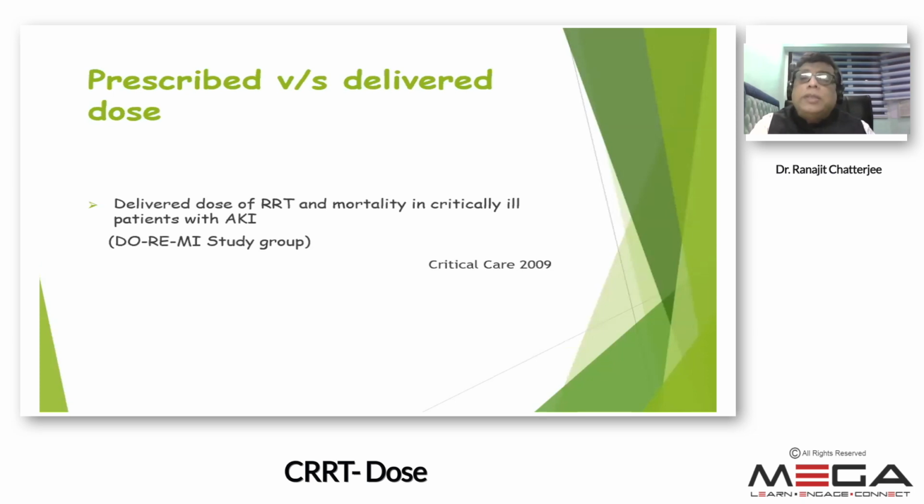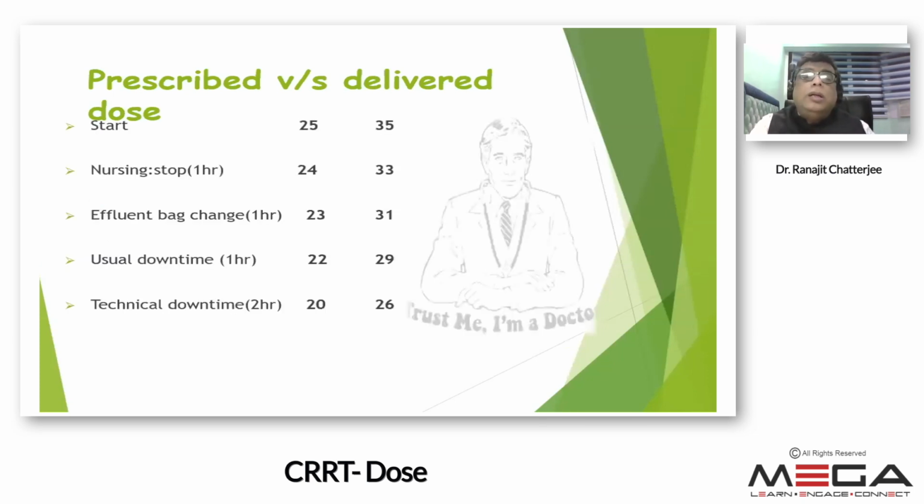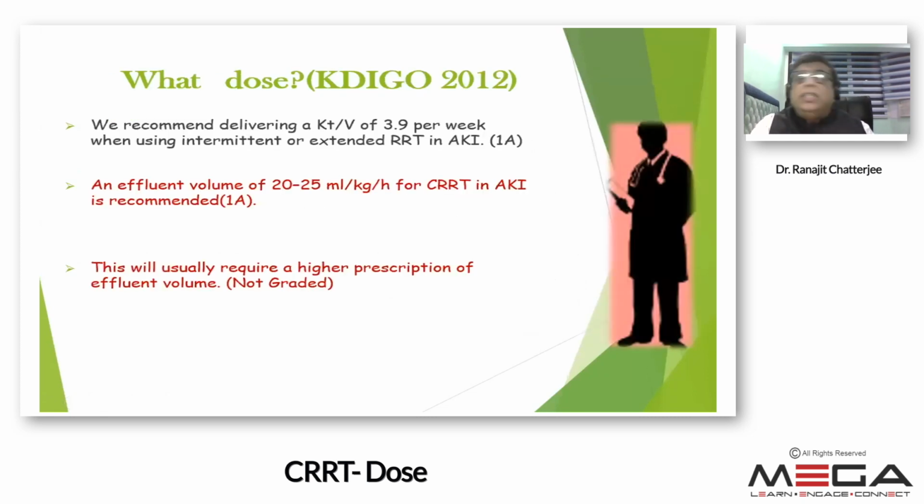The DOReMi study group basically confirmed this. If we start at around 25, we end at around 20. If we start around 35, we end around 26, due to numerous stoppage times. So we have to prescribe more to achieve less.